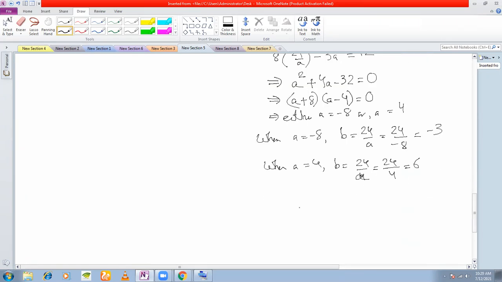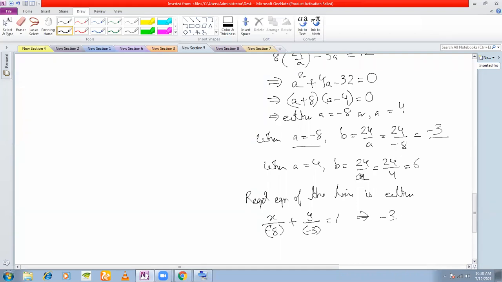So what should be the required equation? The required equation of the line is either, with a equal to minus 8 and b equal to minus 3, x by minus 8 plus y by minus 3 is equal to 1, which simplifies to minus 3x plus 8y is equal to 24.